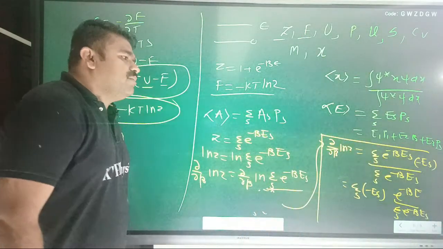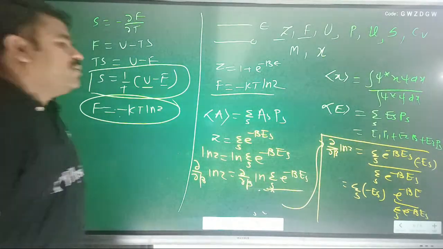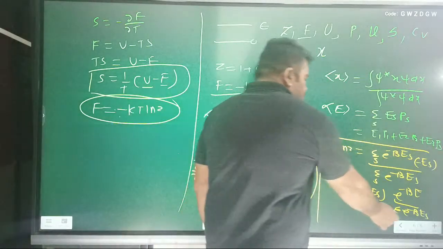What is this value? e to the power minus beta E_s upon the summation over s of e to the power minus beta E_s.